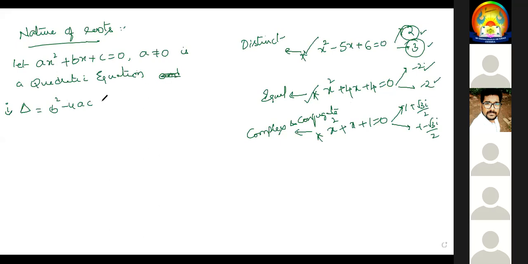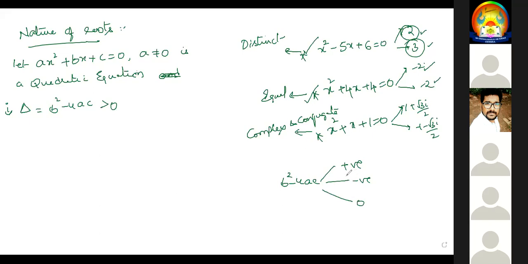When we are calculating the number b square minus 4ac, what are the possibilities? It may be positive, it may be negative, it may be 0.